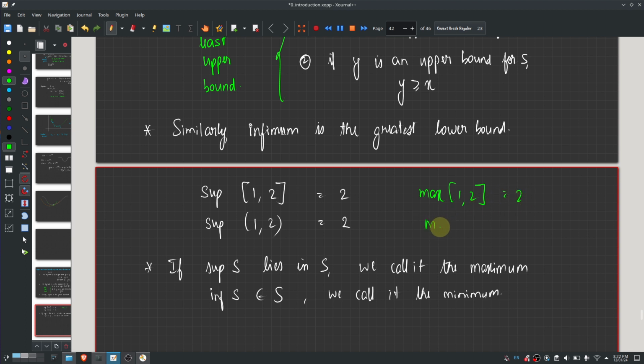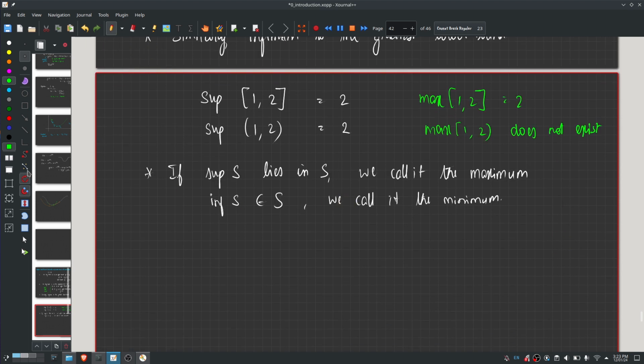But what about the second one? Yes. So even if I take the open interval, the maximum does not exist. Right? So for a given set of real numbers, the maximum may or may not exist, but the supremum always exists.